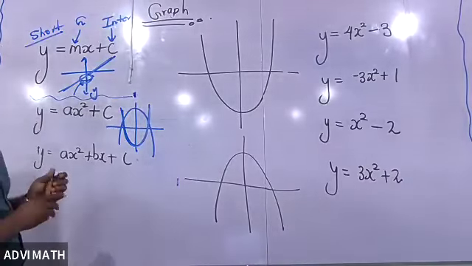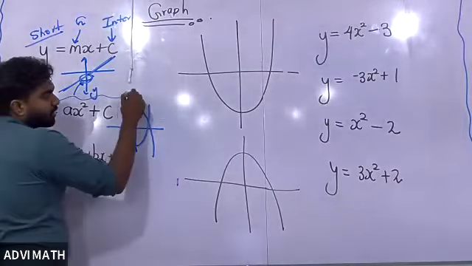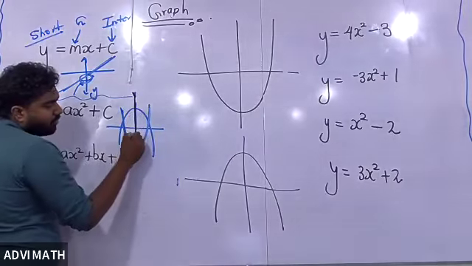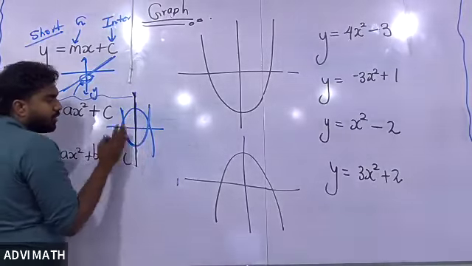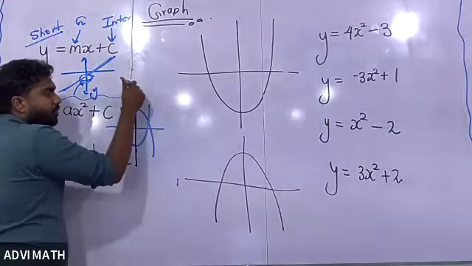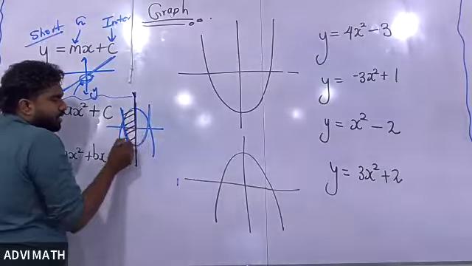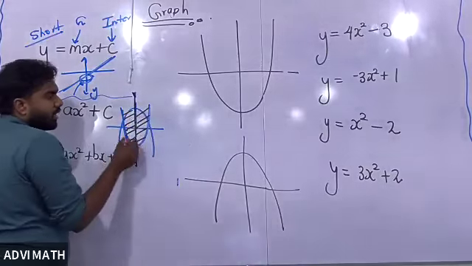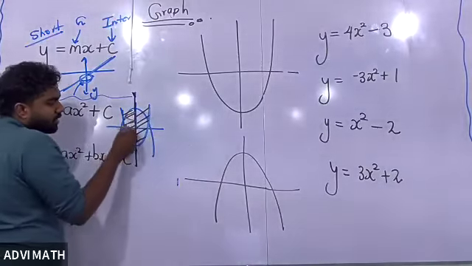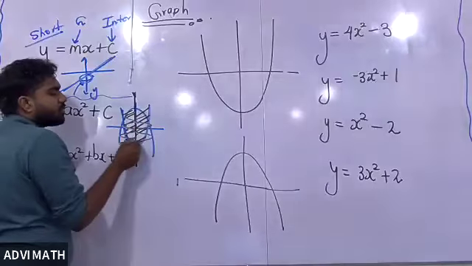The graph will be divisible into two equal halves from the y-axis itself. This portion is equal to this portion here, and this portion out here is equal to this portion out here.